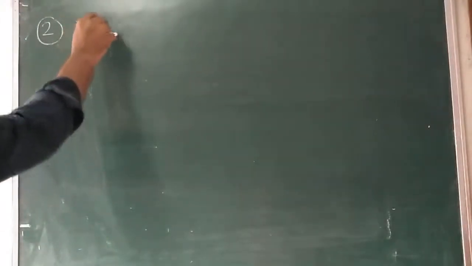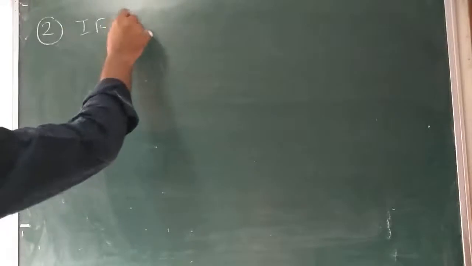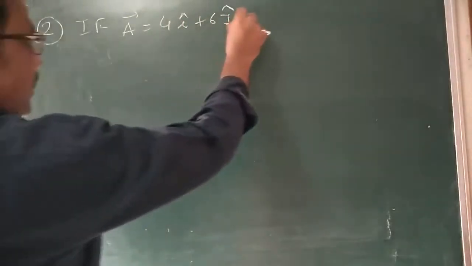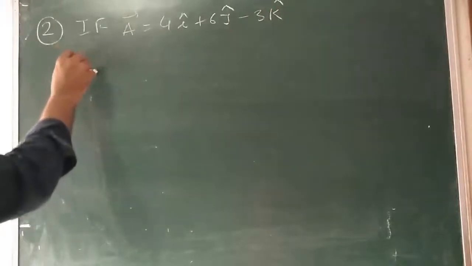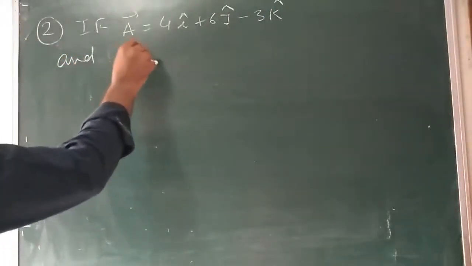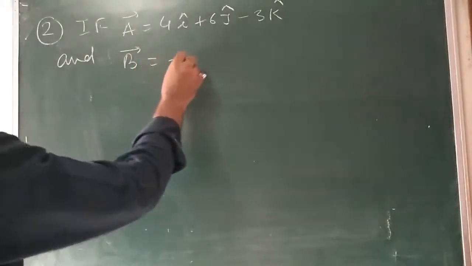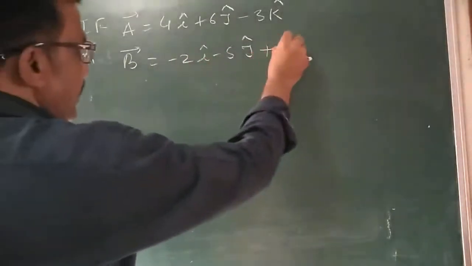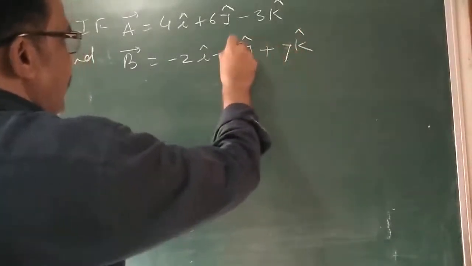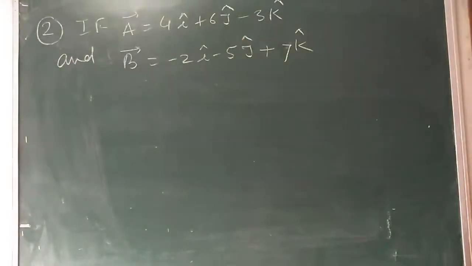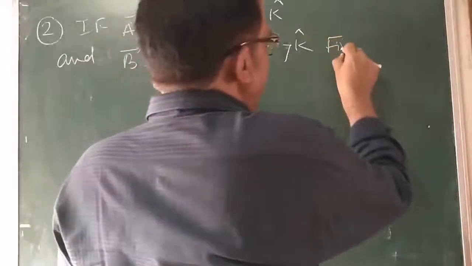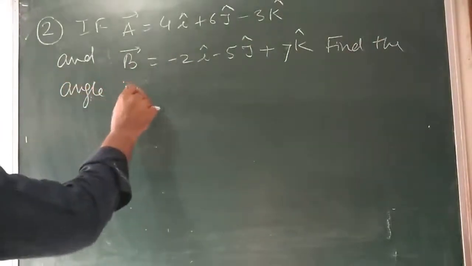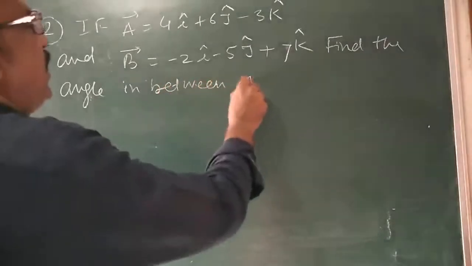If A is equal to 4i plus 6j minus 3k and B is equal to minus 2i minus 5j plus 7k, these are the two vectors. Find the angle in between A and B.